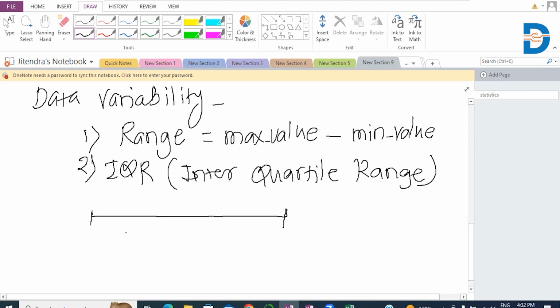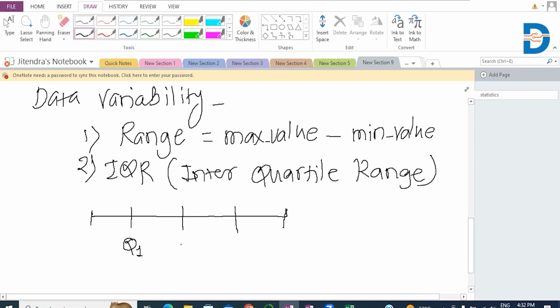We split this 100% data into 4 equal parts: the first 25% data, the second 25% data, the third 25% data, and the remaining 25%. So the first 25th percentile data value is Q1, the first quartile value.